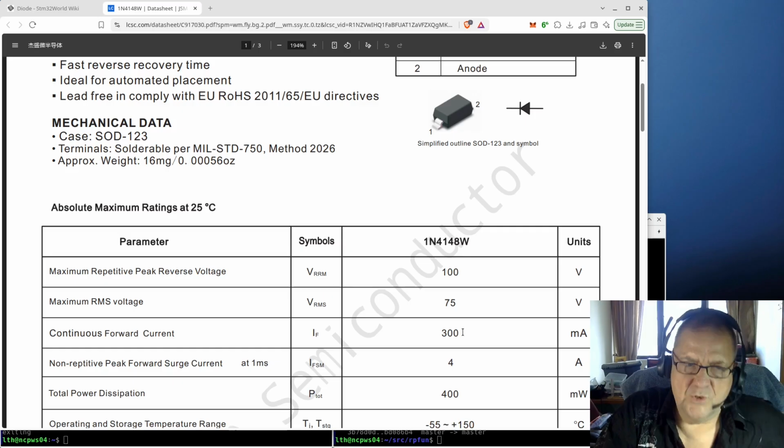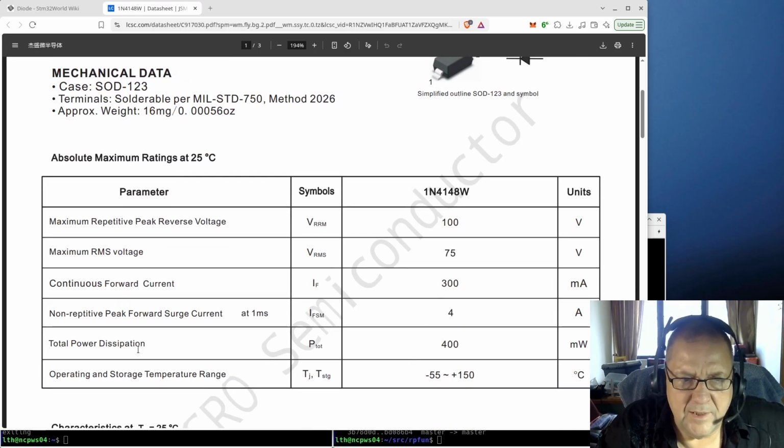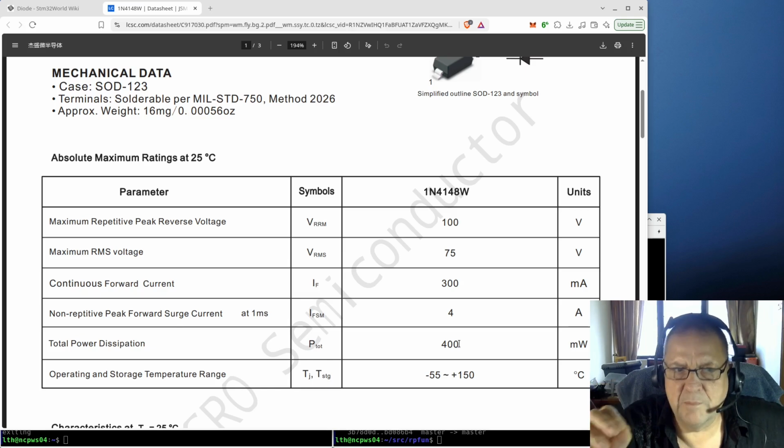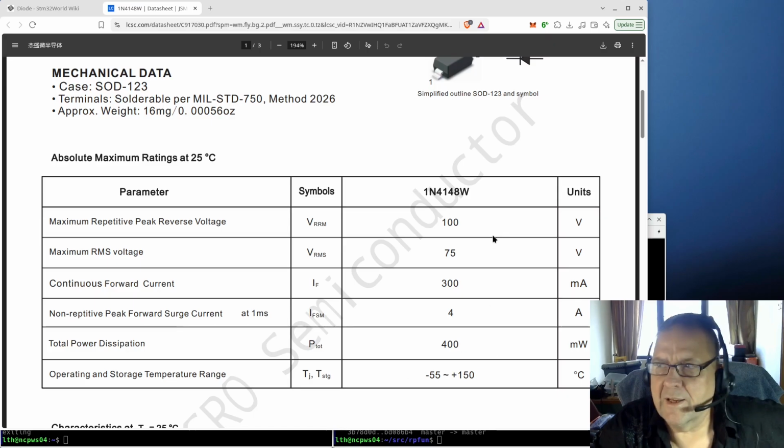It will simply get too hot. It's also power dissipation. If you have the current and you have the voltage drop, then you can know the power that is actually being dissipated in this diode, and that must be below 400 milliwatts. Otherwise, the temperature will get too high.